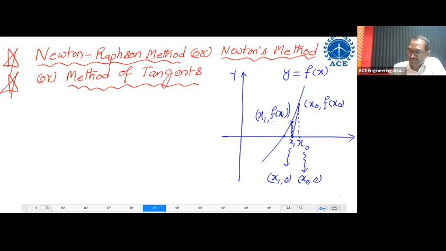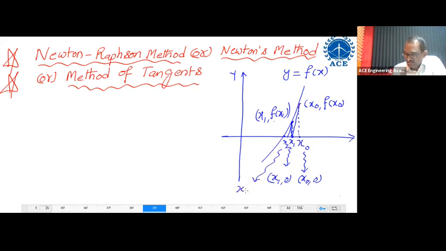Now draw another tangent to the curve at x1 comma f of x1. It touches the x-axis at the point x2.